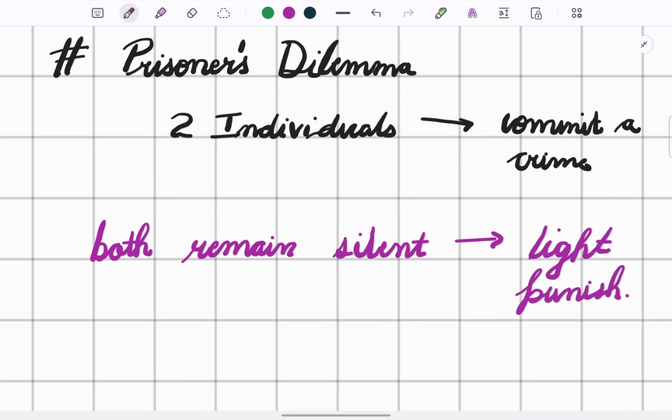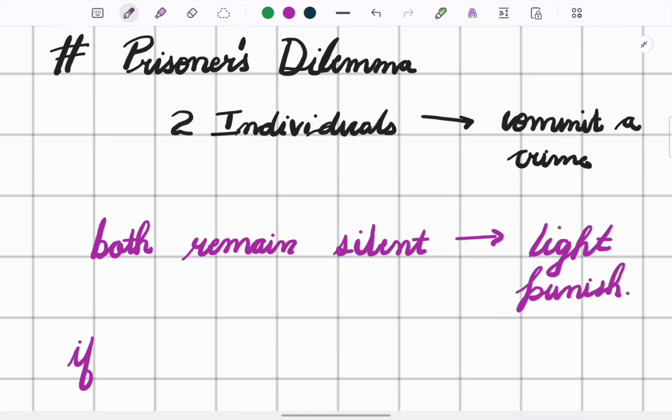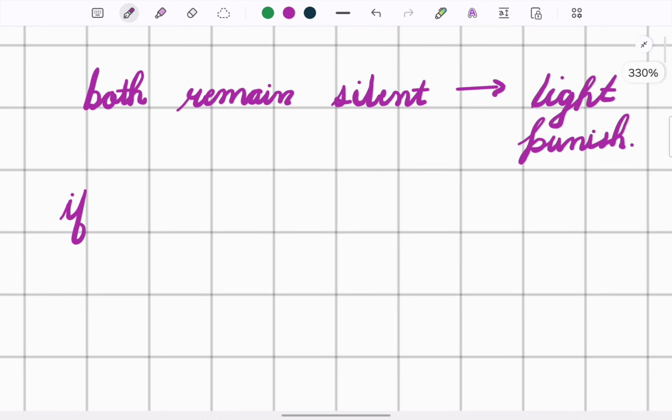And if one individual confesses about the crime and the other remains silent, then the betrayer, जिसने गवाही दी है, he will be free.